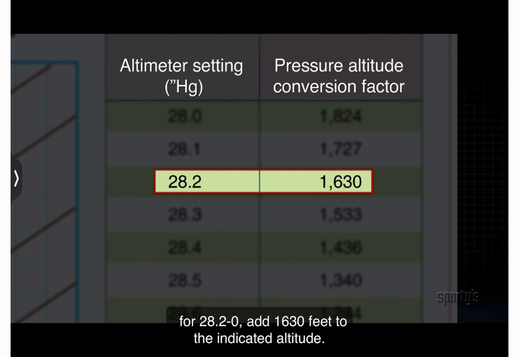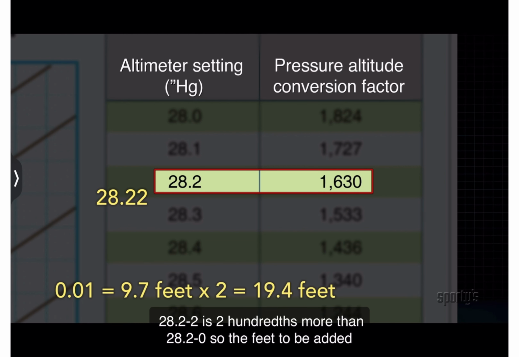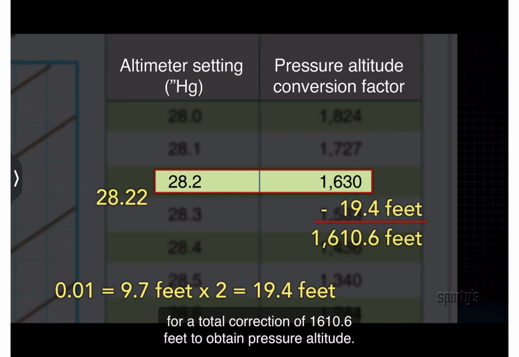For 28.20, add 1,630 feet to the indicated altitude. 28.22 is 2 hundredths more than 28.20, so the feet to be added should be decreased by 2 times 9.7, or 19.4 feet, for a total correction of 1,610.6 feet to obtain pressure altitude.